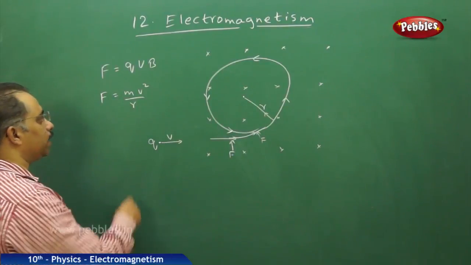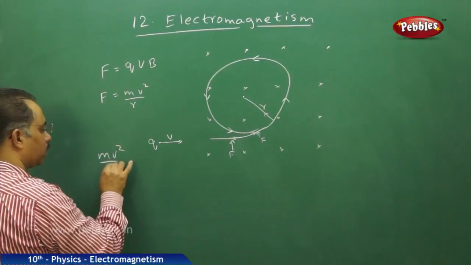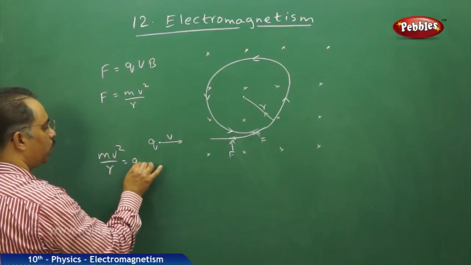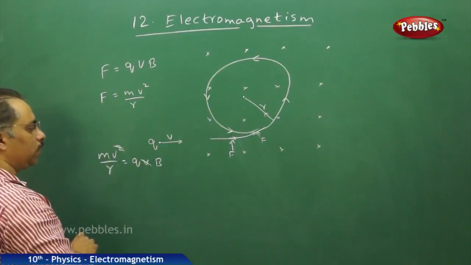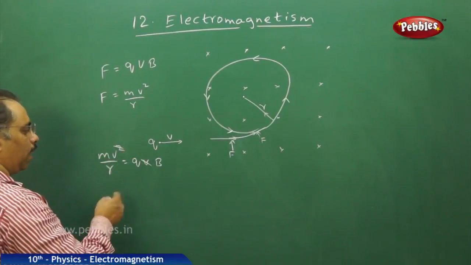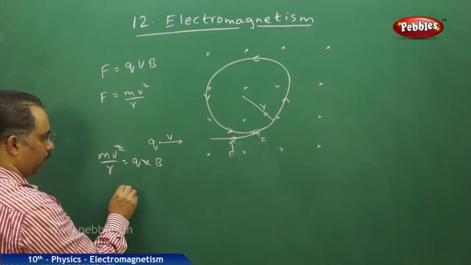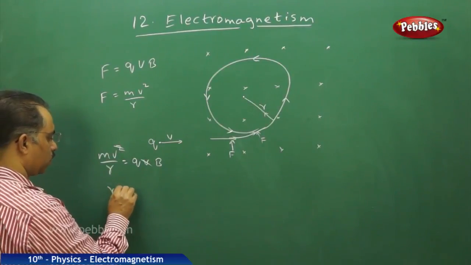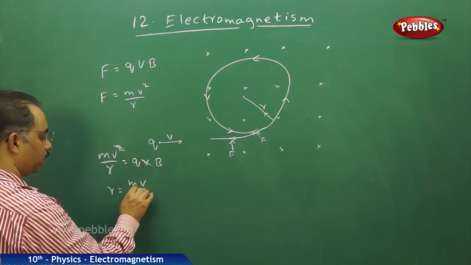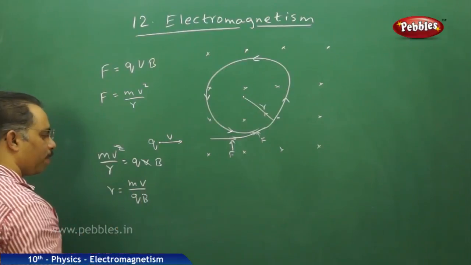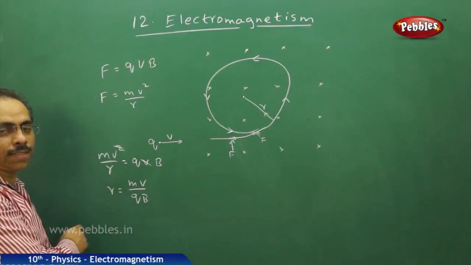So equating mv square by r is equal to q into v into B, I can cancel out one v, and I get r is equal to mv by qB. This is the radius of the circular path.